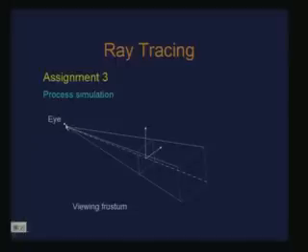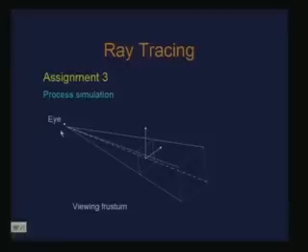Rays are started from here and they go through each pixel you define, and then the intersection is performed in this scene. So basically a viewing frustum gets formed with the window you specify and the eye you specify.